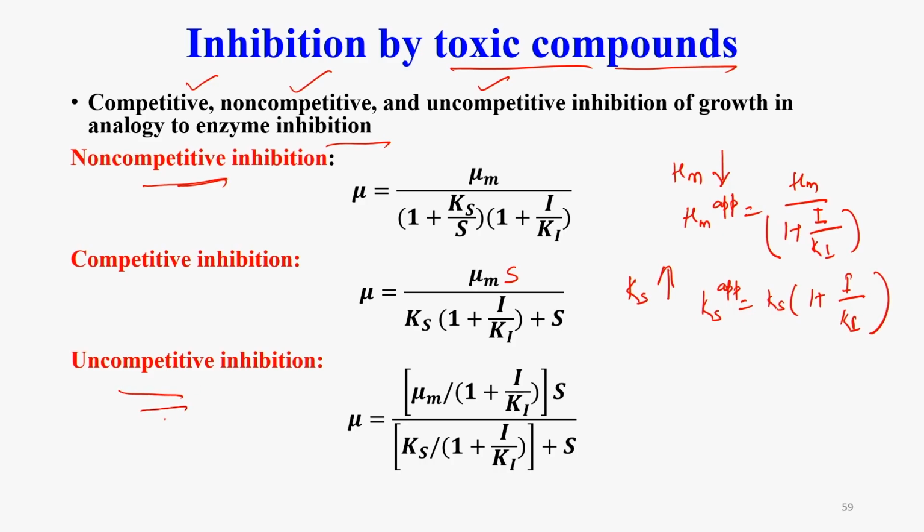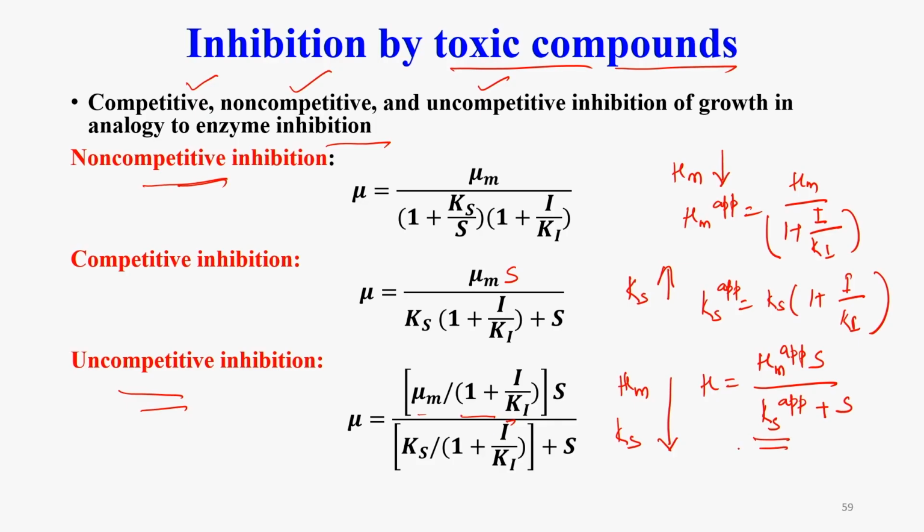And what happens in the case of uncompetitive? Both mu m and Ks will decrease. So, we are going to have mu as mu m apparent S divided by Ks apparent plus S. What is mu m apparent? Mu m divided by 1 plus I upon Ki.